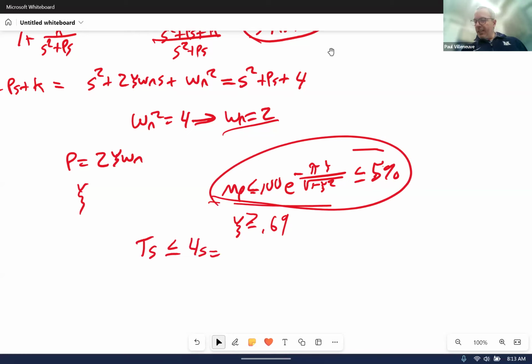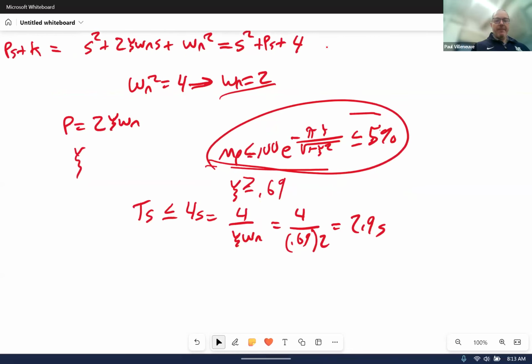So let's see, our settling time equation is 4 over zeta omega sub n, which is 4 over 0.69 times 2, which was equal to 2.9 seconds. So your value of P needs to be 2 times 0.69 times 2. I had that equal to 2.76. Or maybe I should say greater than 2.76.